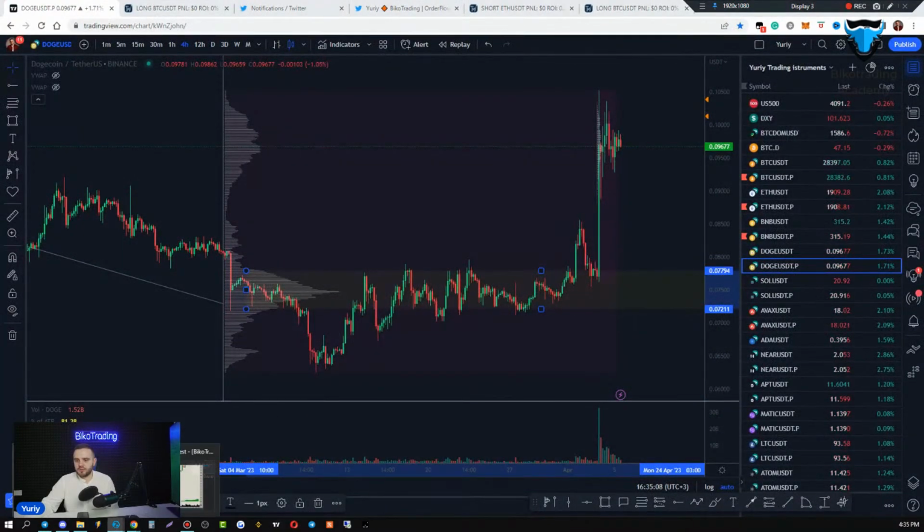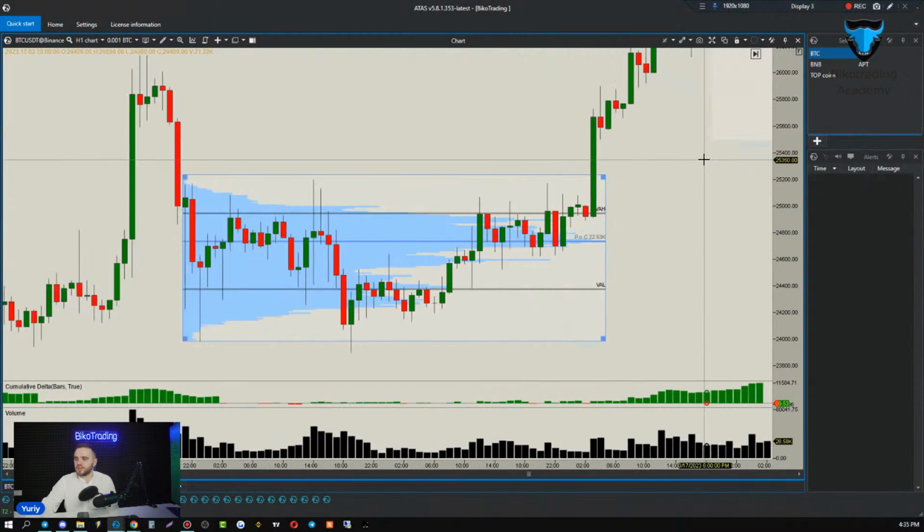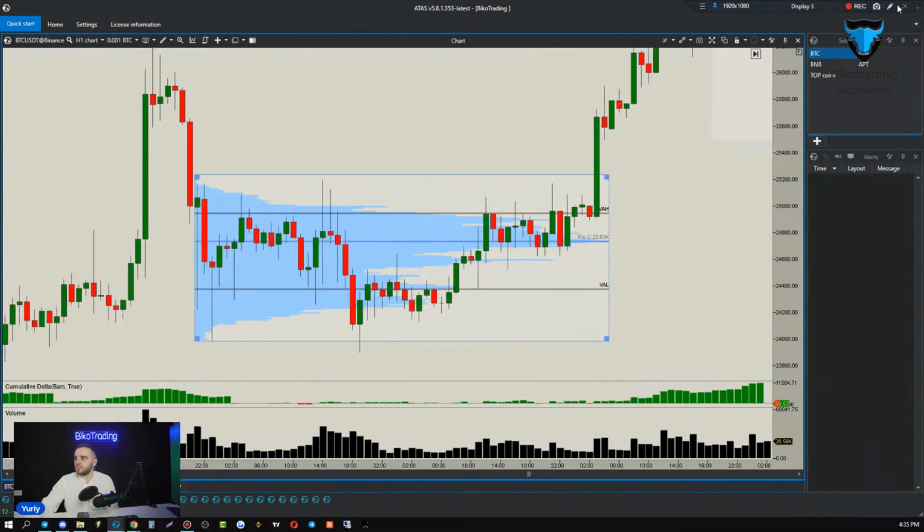Even this example on BTC. Have a look at what price did. Price was squeezing in one direction. So many times price tried to break this value area higher, so many times. And have a look how this time price started squeezing up to value area high.